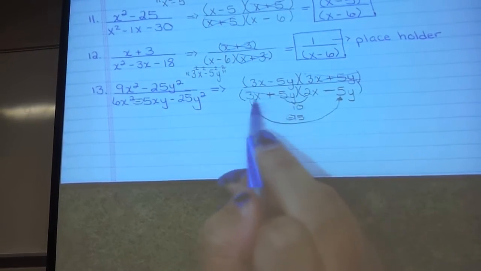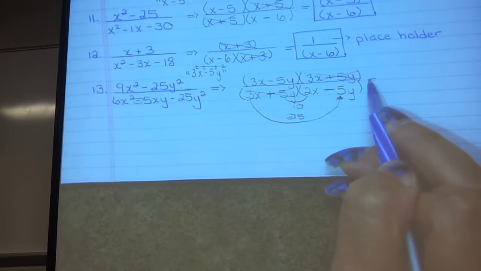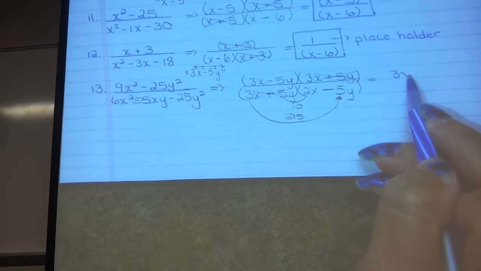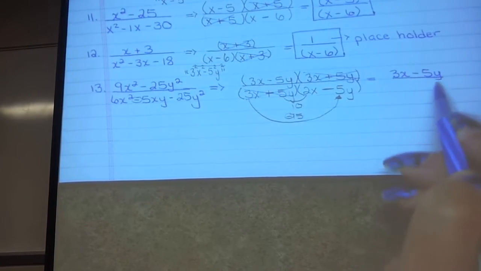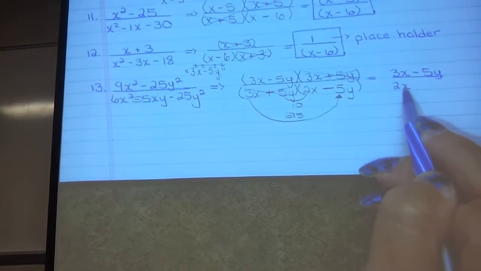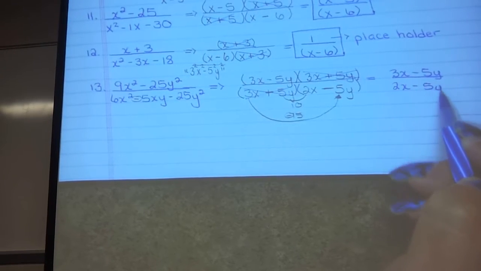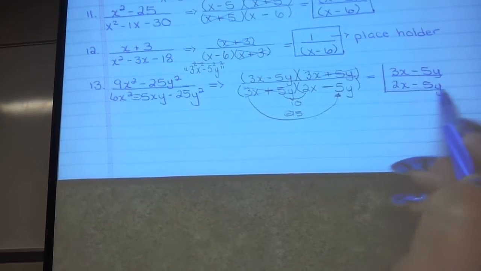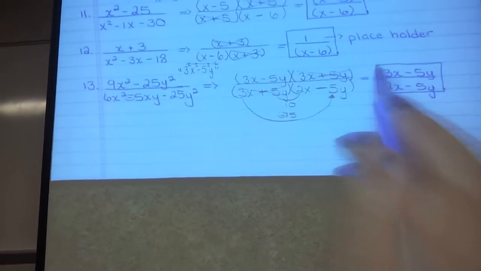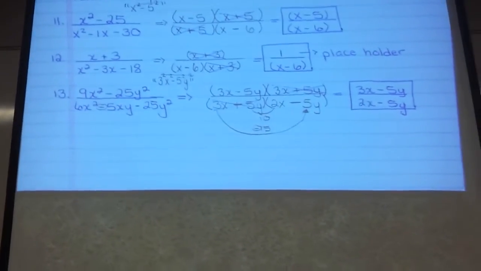So on the top, I'm left with 3x minus 5y, and in the denominator, I'm left with 2x minus 5y. Again, I know these are the same, but I don't care. They're not going to cheat. They are going to stay with their partner on top or on the bottom.